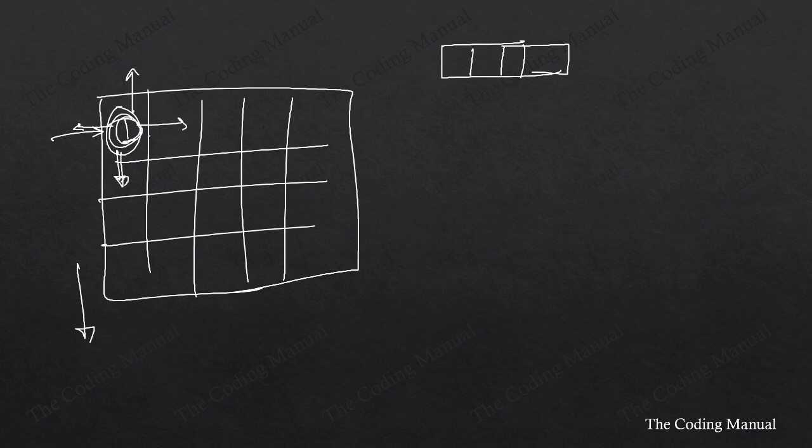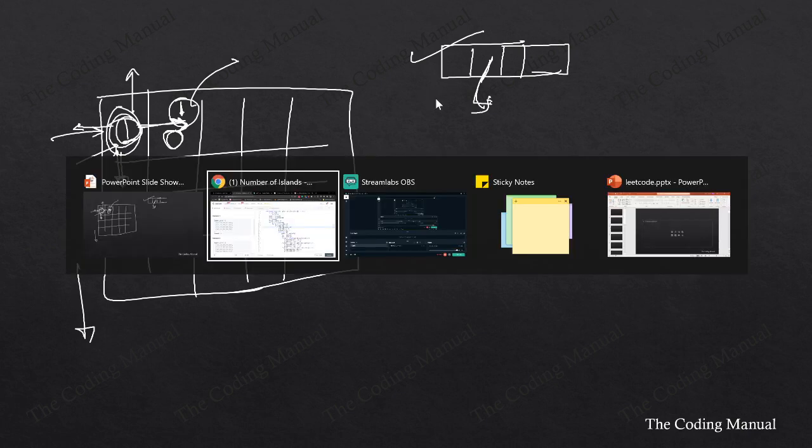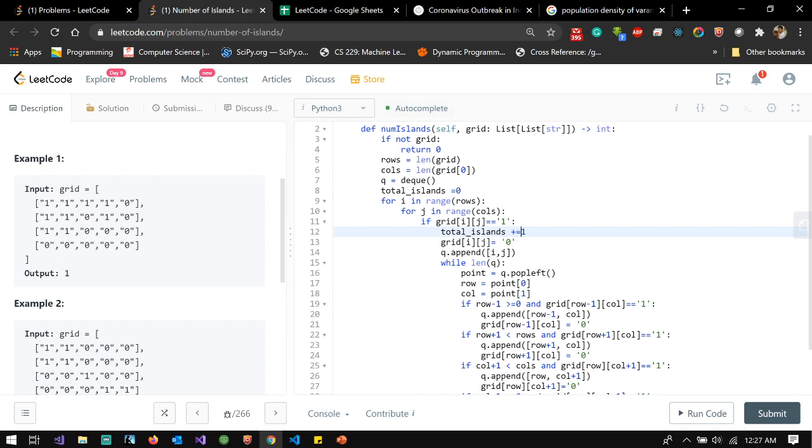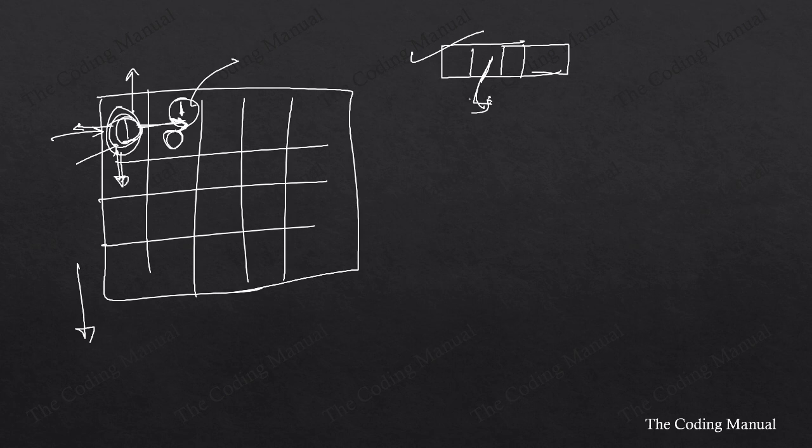The grid cell that we visited, that coordinate we make 0 if it was 1. If it is 1, we push that in the queue and make that 0, because anyhow this queue will be looped until it is empty. While the queue is not empty, we are going to traverse it.